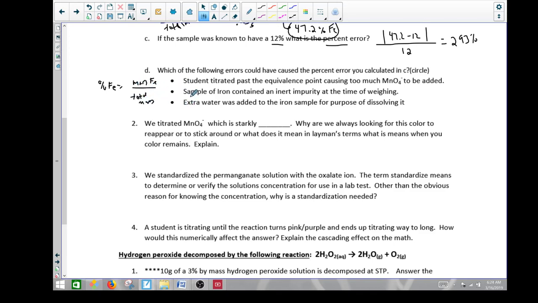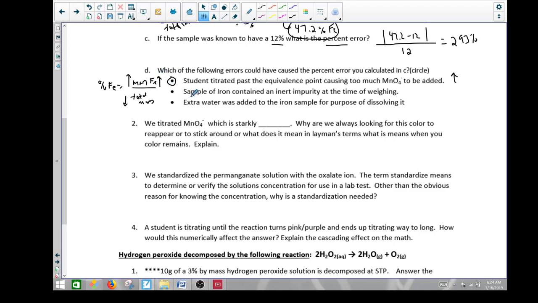So we need to know an error that's going to either cause this to go up or this to go down. Okay, student titrated past the equivalence point, causing too much permanganate to be added. Okay, this will cause the permanganate to go up, which will cause the iron to go up. This one's a yes.